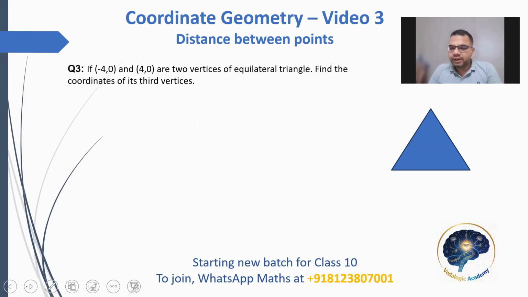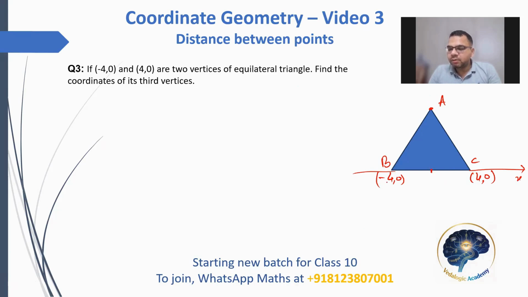So we have two coordinates, two vertices of a triangle which are available, minus 4 comma 0 and 4 comma 0. And we have to find the third vertex. A, B and C are given. So since minus 4 and 4 are on the x-axis, if you see, what is the middle point?